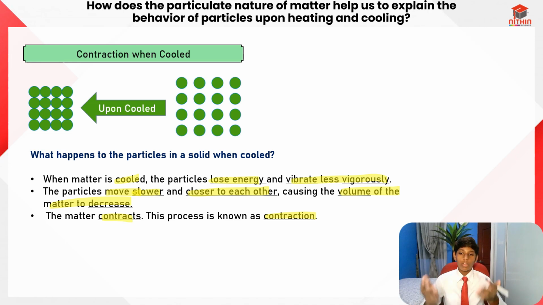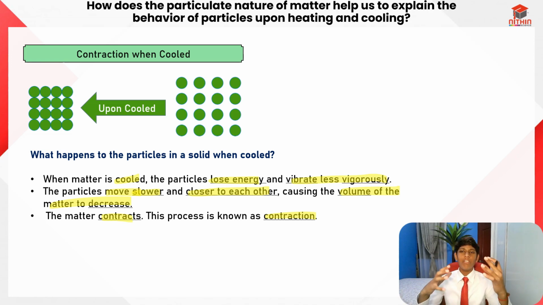But for expansion, when heated, the particles gain energy and vibrate more vigorously, move faster and further apart from each other, causing the volume of the matter to increase. The matter expands. This process is known as expansion. And the matter contracts. This process is known as contraction.